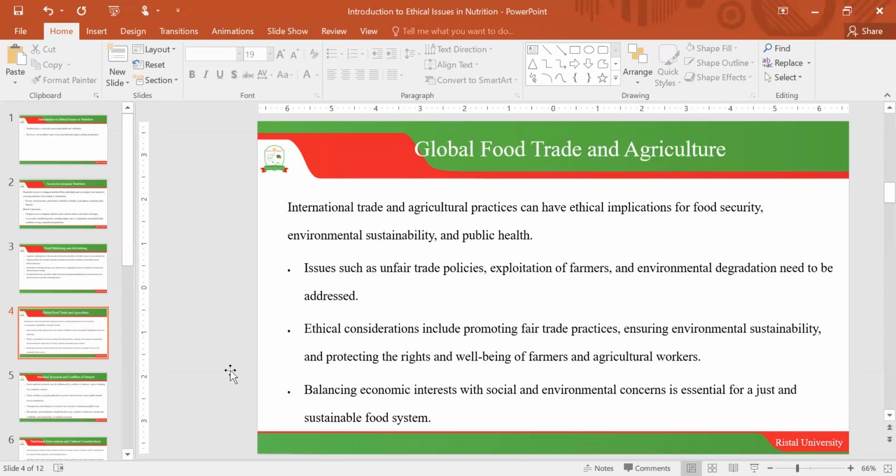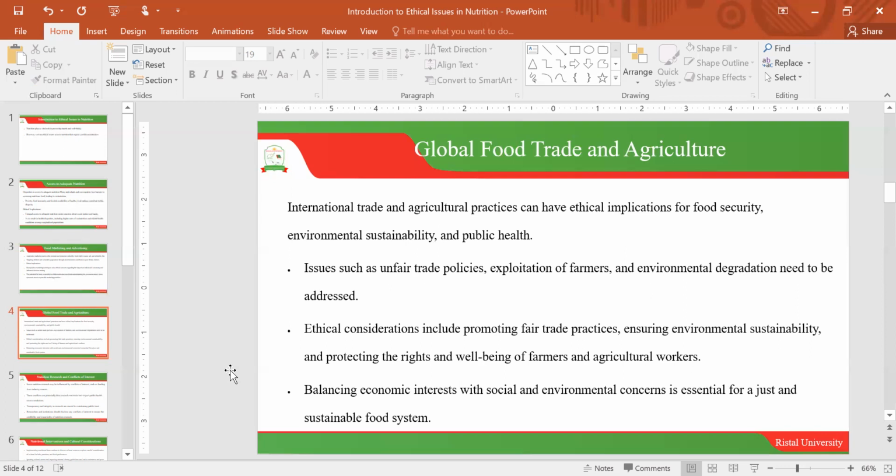You find out that countries that are producing enough agricultural produce may institute policies, trade policies that are unfair. Okay? This can be looked at in a number of angles.